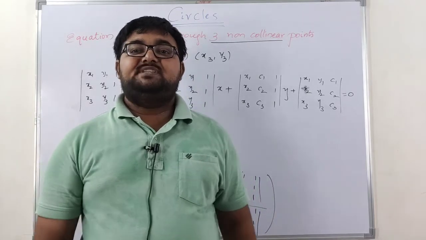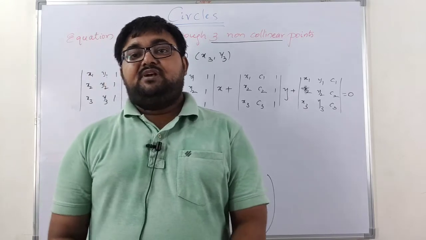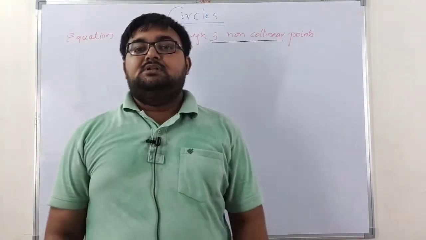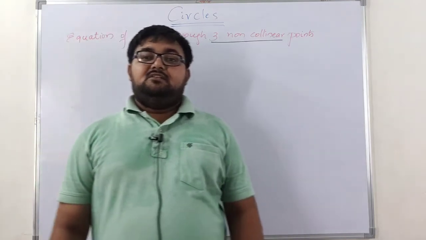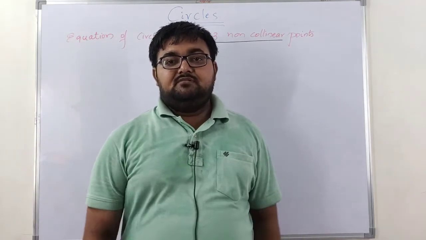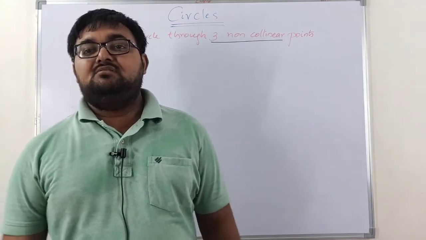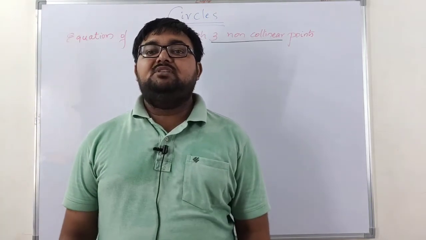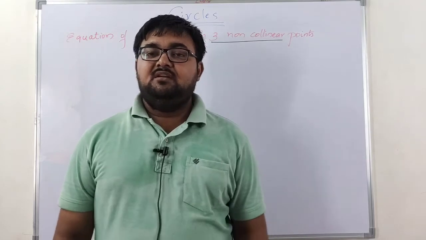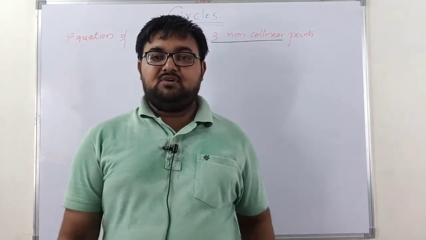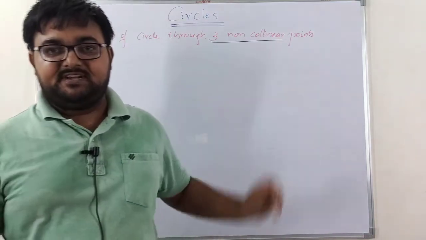By using those methods also we can find the equation of the given circle. See, other than the formula method, we can use procedures to solve the problem, right? We have 3 procedures, using which we can find the equation of the circle other than that formula. So that is what we have discussed regarding determinants, right?